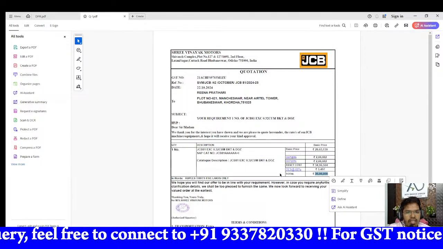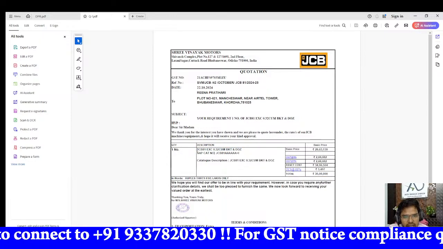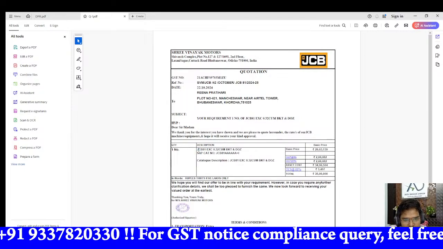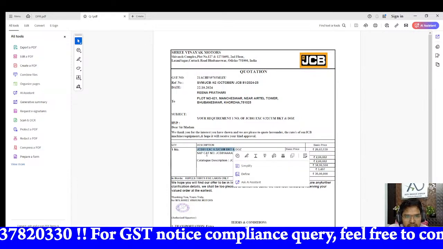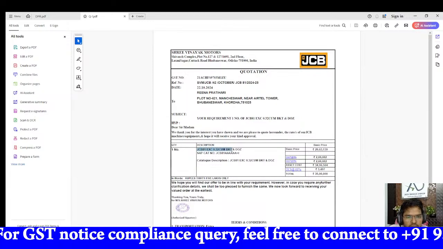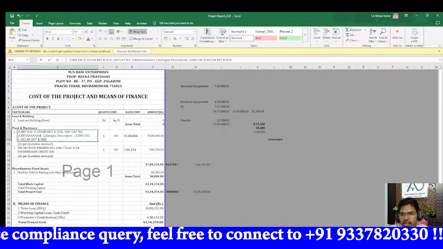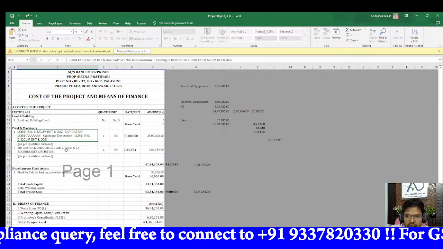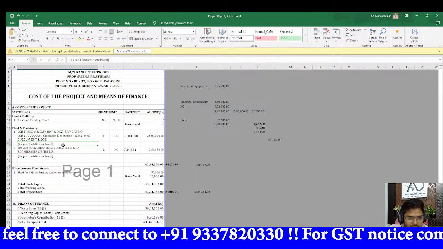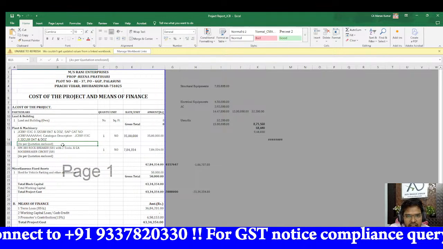Everything, like the description of the asset, in my case the JCB 81 ECX, whatever is written in the quotation, we have to copy here and simply paste in your plant and machinery schedule. Okay, and in the last column you have to mention that as per the quotation enclosed, because I have referred this from the quotation that I have received.